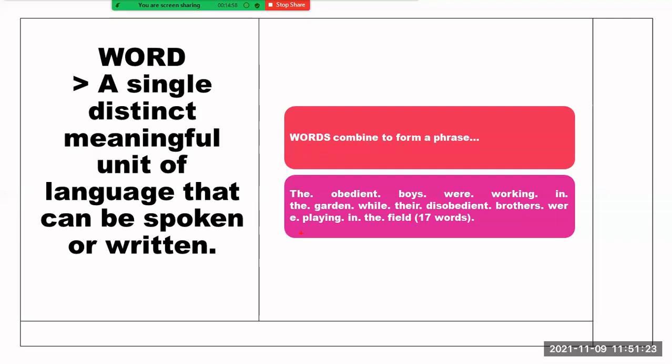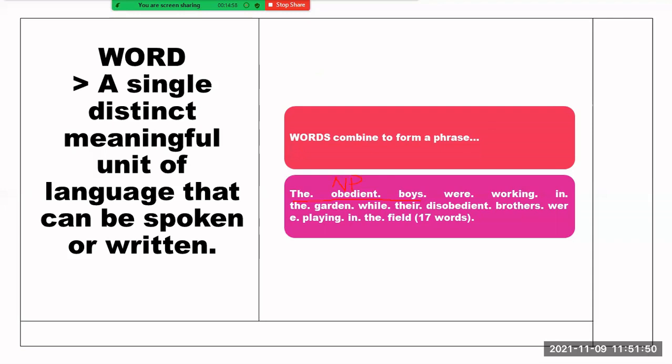And talking about words combining to form a phrase, then we can look at these three words. The obedient boys, that is a noun phrase. So you can see that this is a noun phrase.